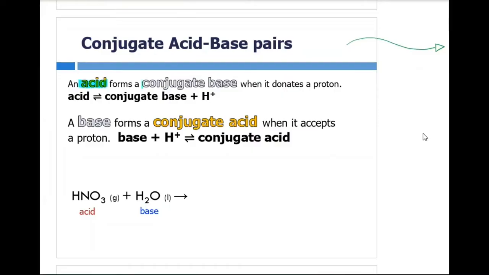An acid forms a conjugate base, and now even in that, you're like, what is a conjugate base? Conjugate pairs is one reactant from the left-hand side of your reaction and one product from the right-hand side of your reaction. They look incredibly similar, very similar, but they differ by one thing and one thing only, and that is a proton, an H+ ion.